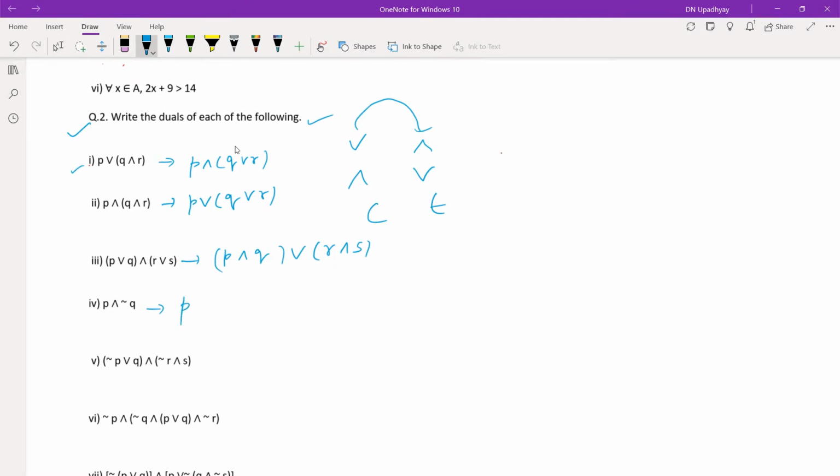So this is the rule. We will write just P or negation Q.